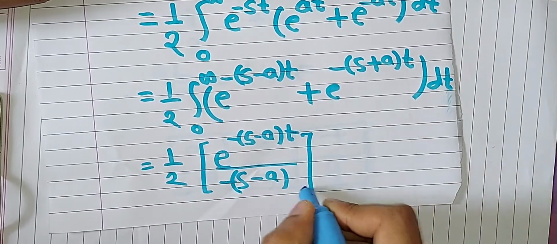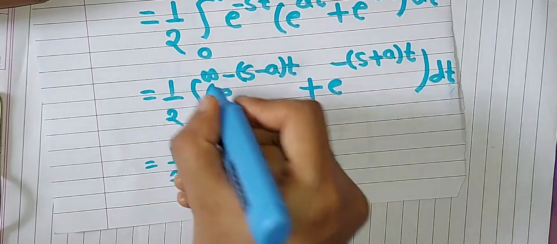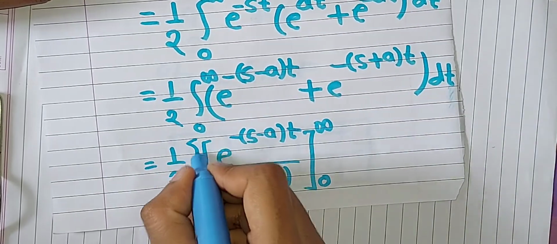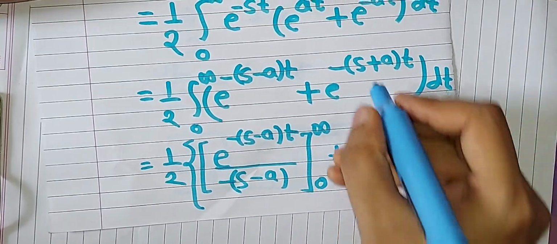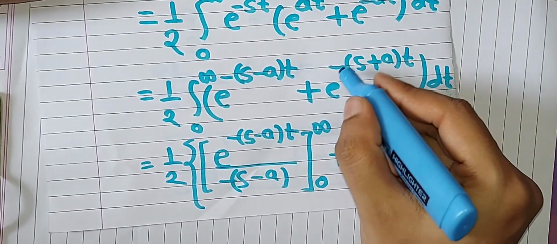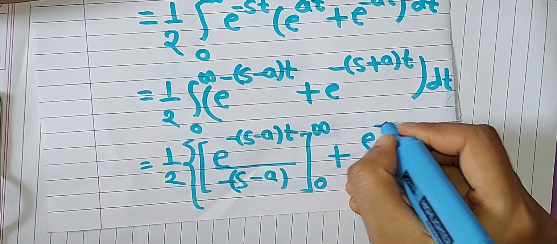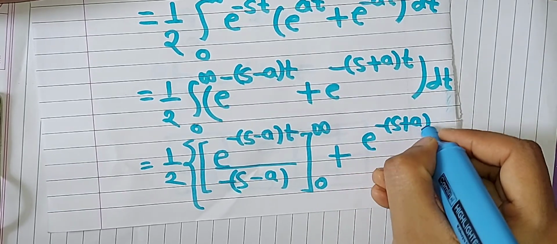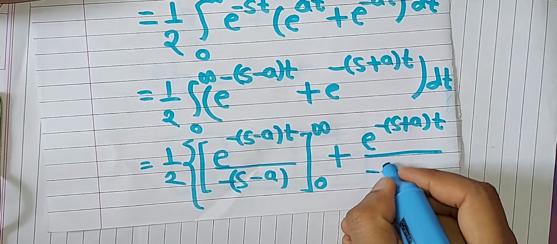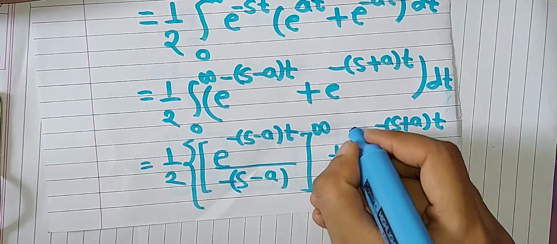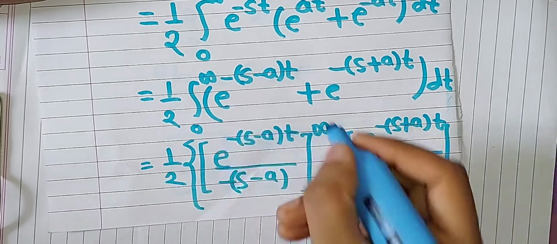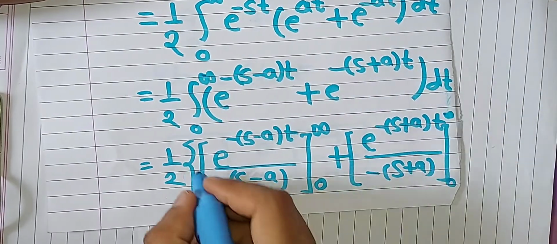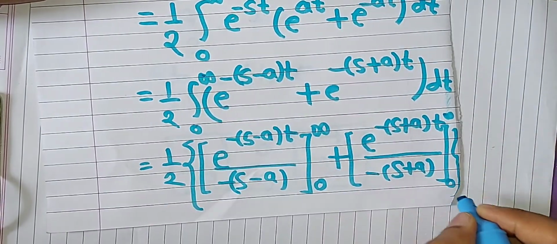and put its lower limit as 0 and upper limit as infinity, inside a curly bracket. The middle term is a plus, and the second term's integration will be e raised to minus (s plus a) t divided by minus (s plus a), with lower limit 0 and upper limit infinity, and complete the curly bracket.